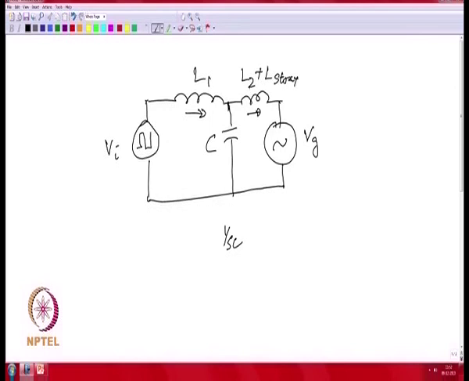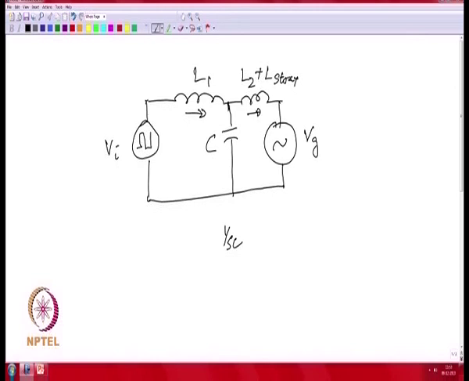So, your L2 can be designed in such a manner that it dominates over the stray inductance. So, whatever variation exists because of the stray inductance in the grid can be accommodated in a narrower tolerance range by appropriately designing the LCL filter.